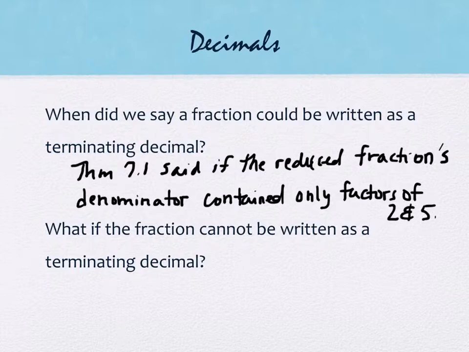So if you remember, if we had, for instance, a reduced fraction that had a factor of 3 in the denominator, like the number 1/6, which factors into 2 times 3, that 3 in the denominator would cause it to not be a terminating decimal.